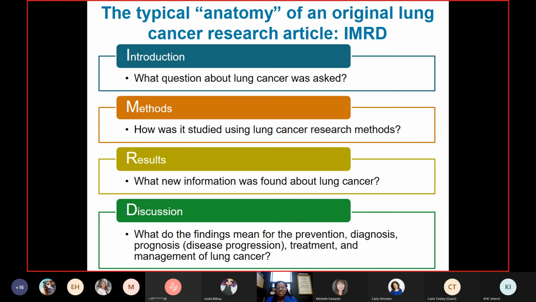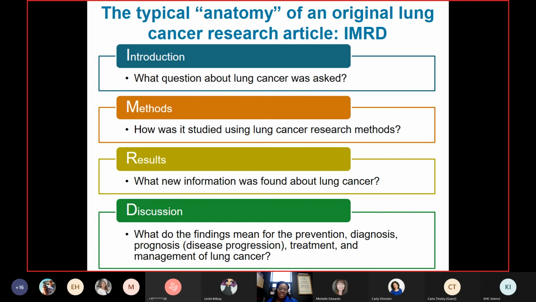That is asking what question about lung cancer is being queried here. All right. Then we have methods. So the methods will address how that question is studied using particular lung cancer research methods. Right. The results are going to tell you what new information was found out about lung cancer. And then finally, you're going to have a discussion.